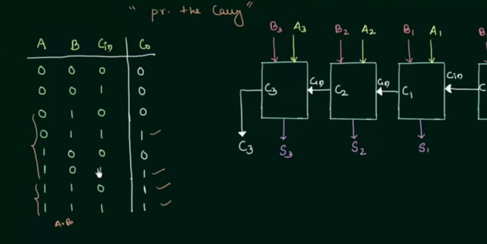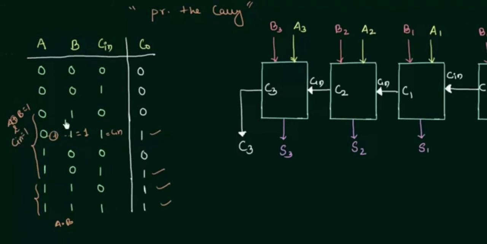Okay, and if you can see, this case is your odd ones detector, because if I XOR 0 and 1 it will give me 1, and also in this case C in is 1. So I can say that when A XOR B is equal to 1 and also C in is equal to 1, your carry output is 1.